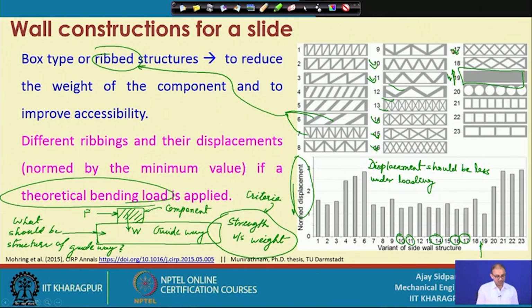You can select any of these depending on the availability of the machine tool or the processes which can fabricate this type of structure, because mostly you create two bars and then weld them, that is one option. Another way is casting. In this way you have to find out which is the optimum design for strength to weight ratio, so that you get the required result without any sacrifice.